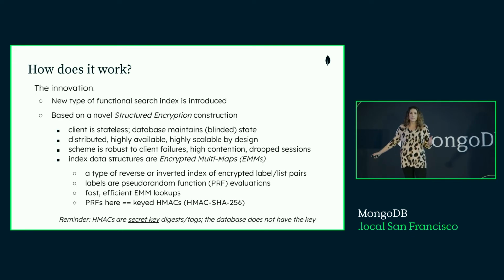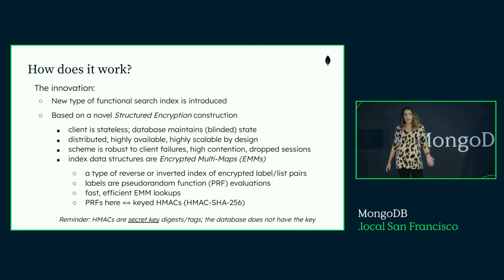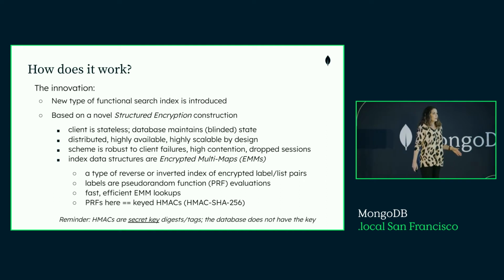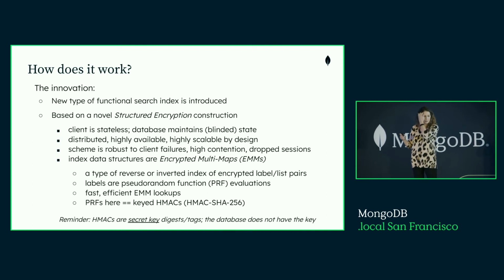Okay, so here's the interesting part, the new part, which is these functional search indexes. This is based off of an encryption scheme called structured encryption, and it has been researched in academia for 20 plus years, but never in industry until now. The way that it works is it allows the client to be stateless, and the database maintains that blinded state of the encrypted data.